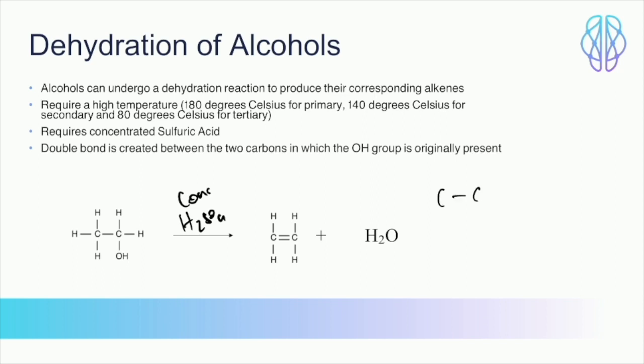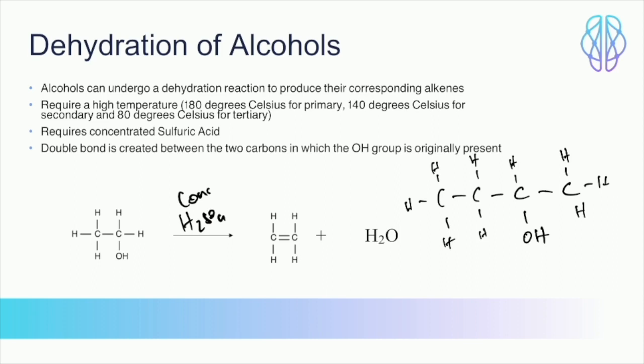So if I were to have an alcohol that looks like this, and say the OH group was in this position, this would be butanol.